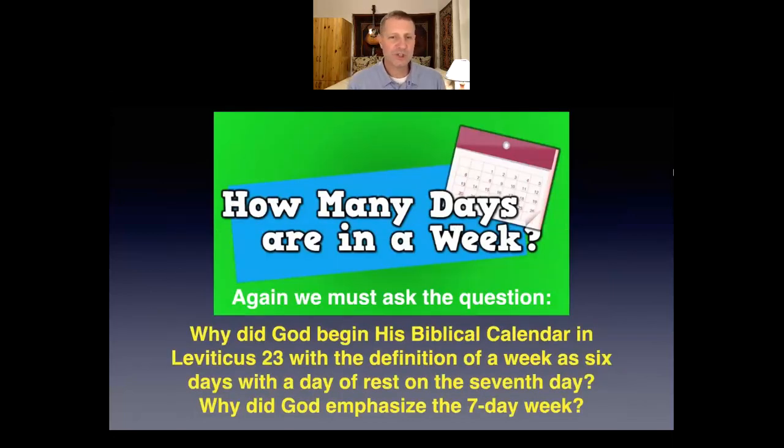Again, we must ask the question, why did God begin his biblical calendar in Leviticus 23 with the definition of a week as 6 days with a day of rest on the seventh day? Why did God emphasize there in Leviticus 23 the 7-day week?